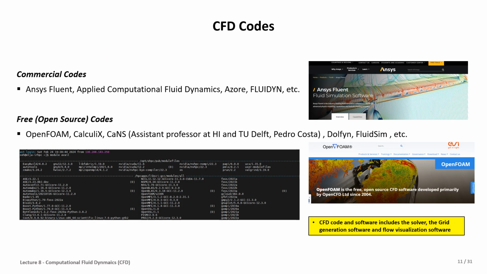For CFD applications, there are also different categories of code. We have some commercial codes like ANSYS Fluent, Applied Computational Fluid Dynamics, Fluidyne, and so on. Also, there are some open source or free codes like OpenFOAM, CalculiX, CANS, Dolphin, FluidSim, and others.